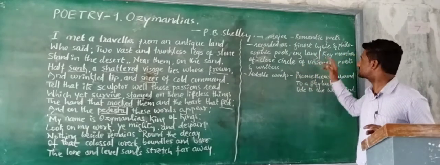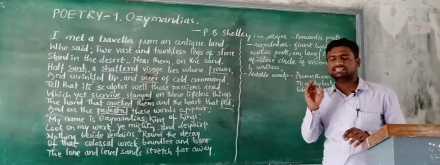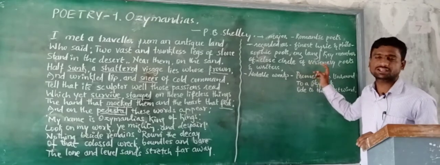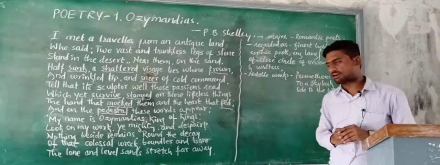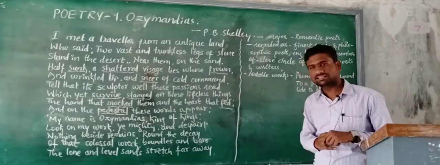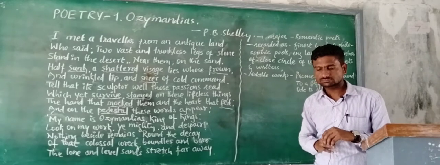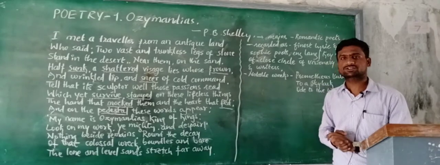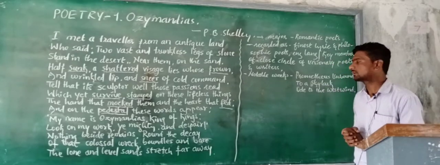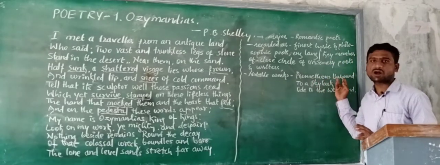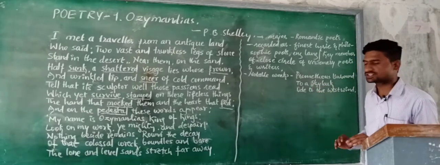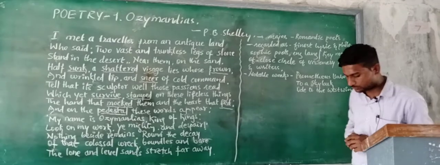He was a key member of a close circle of visionary poets and writers, and he gave notable works to English literature. They are Prometheus Unbound, To a Skylark, and the last one, Ode to the West Wind.